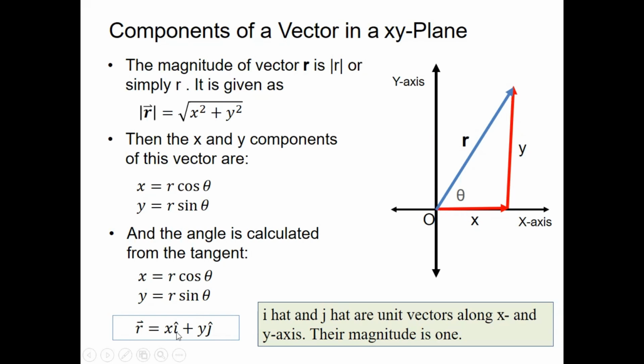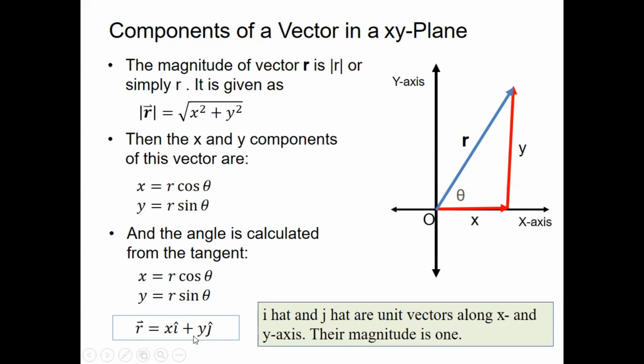It is denoted by i hat, a unit vector along the x-axis with magnitude 1. So the x vector is x multiplied by this direction. Similarly, the y vector is the y magnitude multiplied by j. The j is a unit vector in the direction of the y-axis.